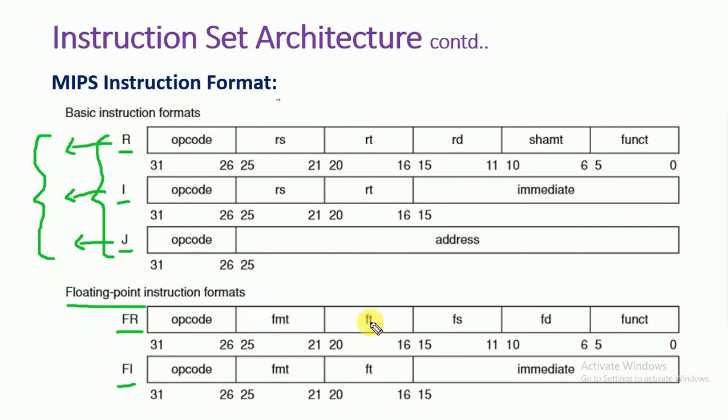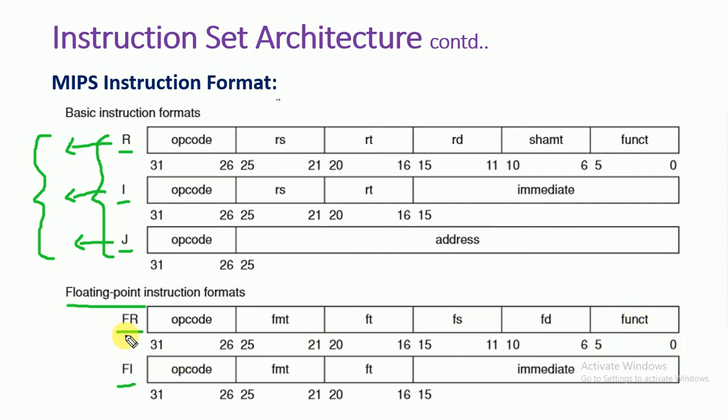Then we have the first floating point register, then the second one, then the destination where the result is stored. Finally we have the function, what function will be applied for that particular instruction. That is stored internally according to the opcode, and it will be added into the first 0 to 5 bits.